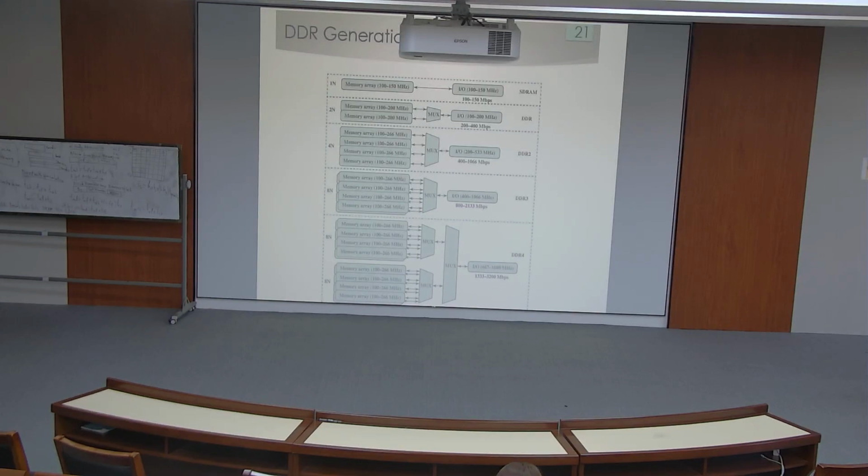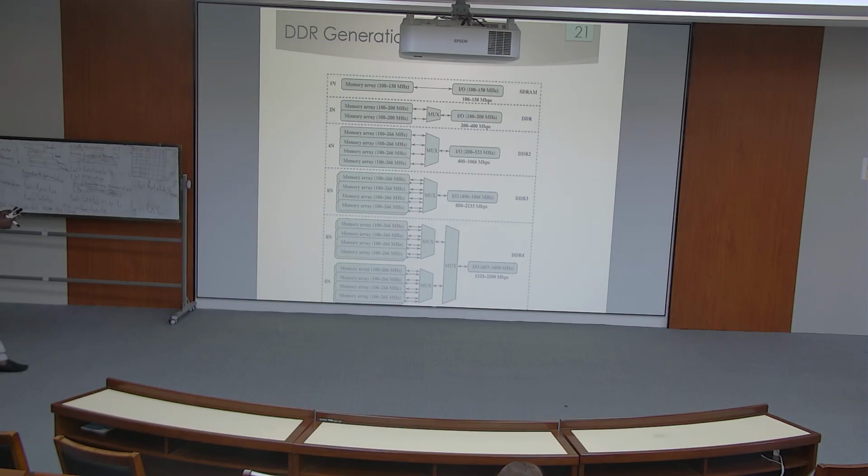Here we have different generations of double data rate. We have the synchronous DRAM, which only relies on one bit, and here we have the memory array, and the input-output data rate is between 100 and 150 megabytes per second.